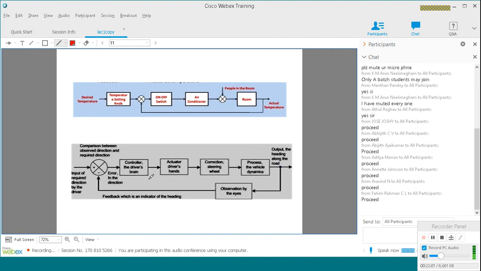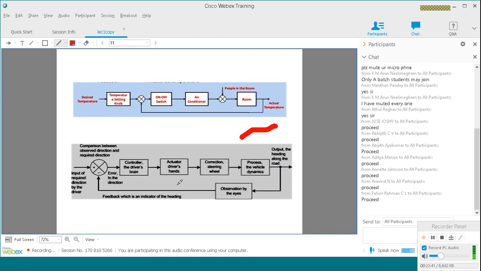Another example is a vehicle steering mechanism. The output of this particular example is the heading along the road, how you are tracking the road, or how you are traveling on the road. If a path is charted down for you, you will continuously observe on the road whether you are driving on the correct path or not.